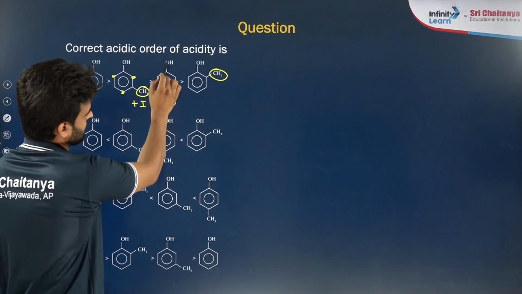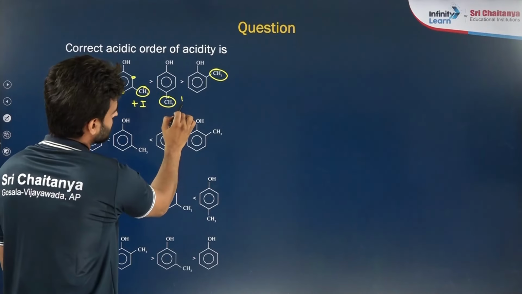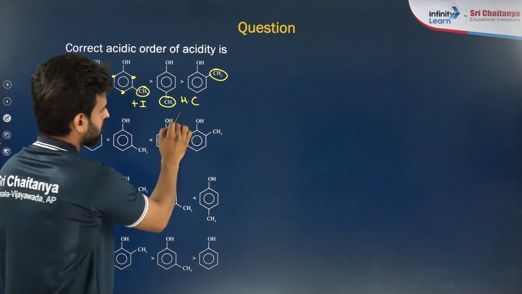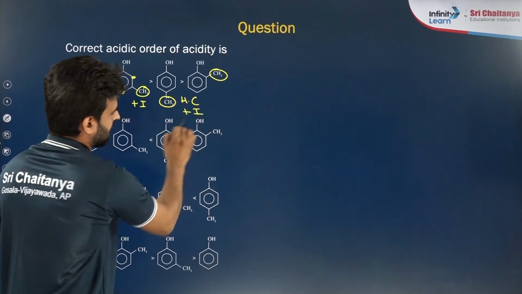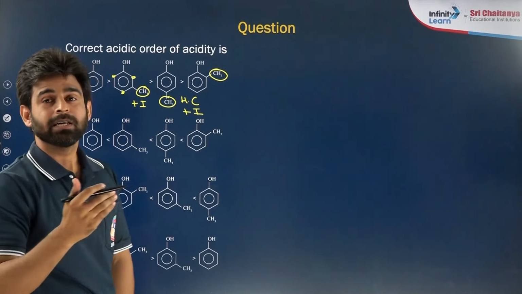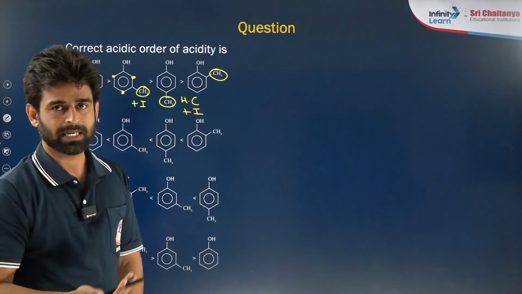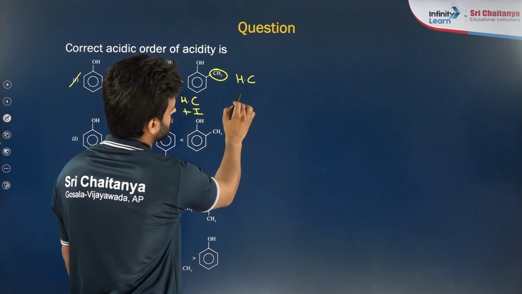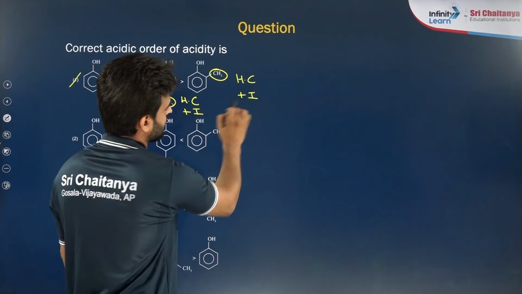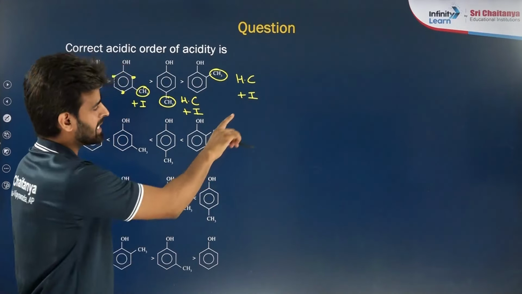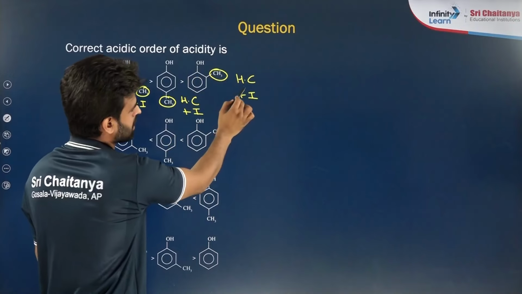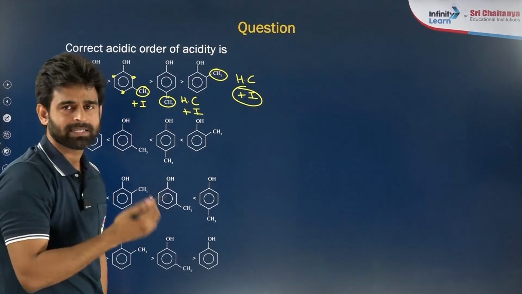Second thing here, these are at para position. So it is giving electrons by hyperconjugation as well as by plus I. That means it is donating electrons by both effects, right? And here also it is giving electrons by hyperconjugation as well as plus I. And in this case, as CH3 is a little closer to OH, the plus I will be more effective.